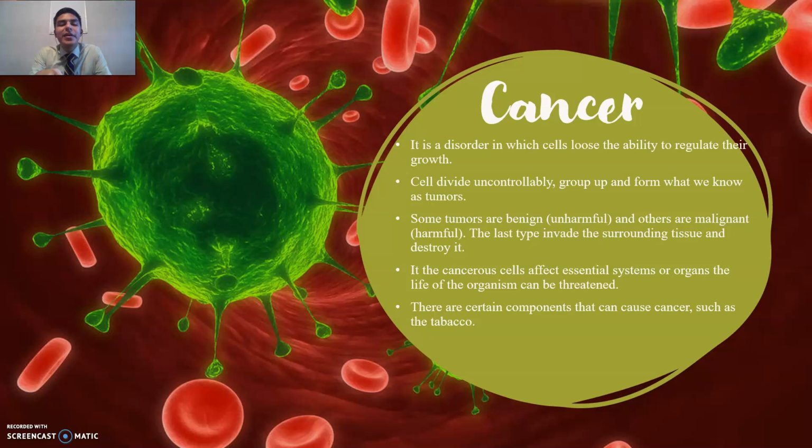But when cancer happens, it is a disorder in which cells cannot regulate their growth and reproduction anymore. So they just continue reproducing themselves over and over and over until a tumor is formed.